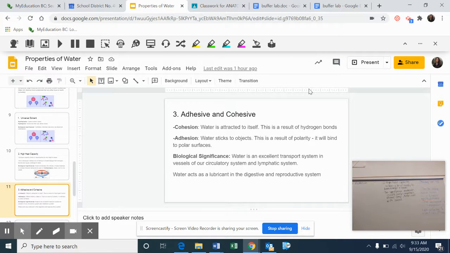So cohesion, water is attracted to itself. It's a very narcissistic molecule, and that's because of its polarity.